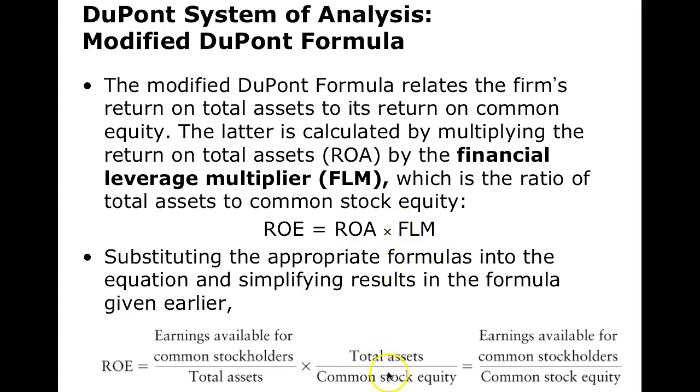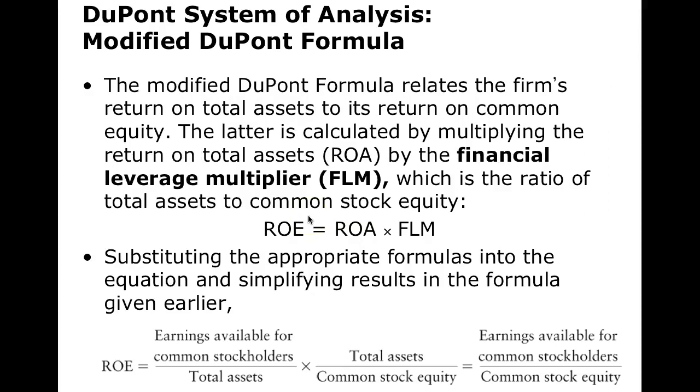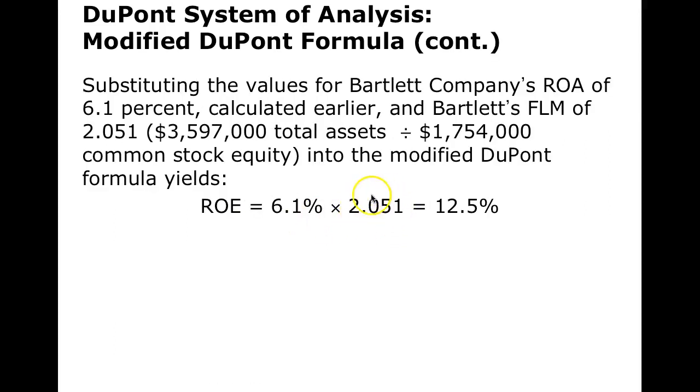How much of our assets are leveraged? By dividing by equity, we can tell the leverage measure. So again, we learned that earnings available to common stockholders divided by common stock equity gives us return on equity. But here are the factors that you can multiply against each other to give us that result as well. So here, we're looking at return on assets and the financial leverage multiplier, and we get a return on equity of 12.5%.